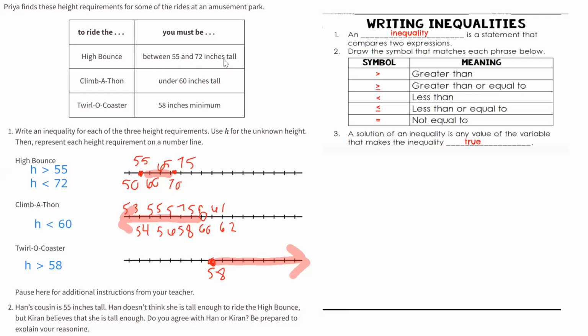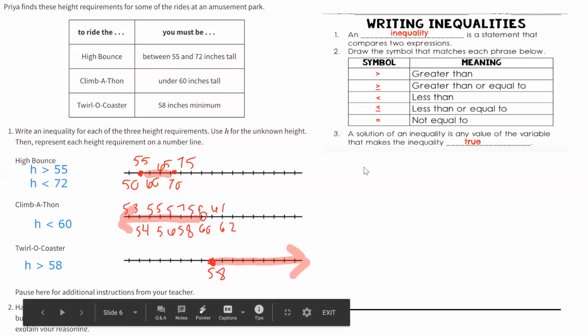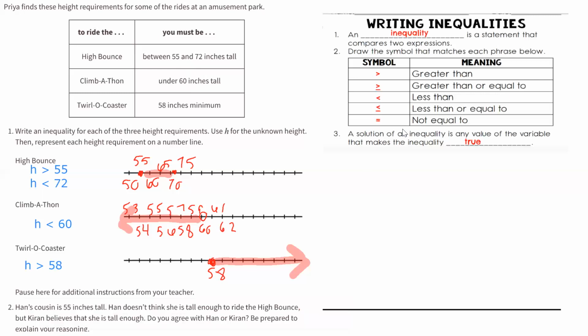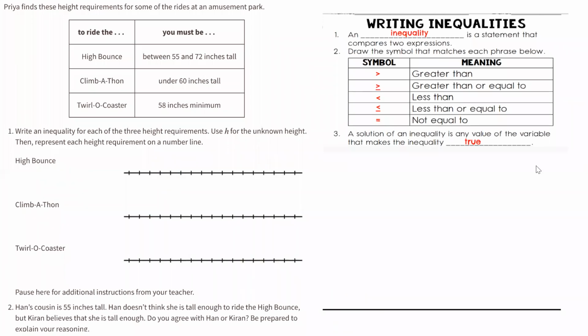And we determined based on that language that between 55 and 72 means if you're 55 inches, you are included in that height and you are tall enough. So I agree with Kieran that she is tall enough to ride the high bounce, just barely. She is tall enough. I'm going to erase my annotations, clear my drawings, and we're going to move on to the next one.